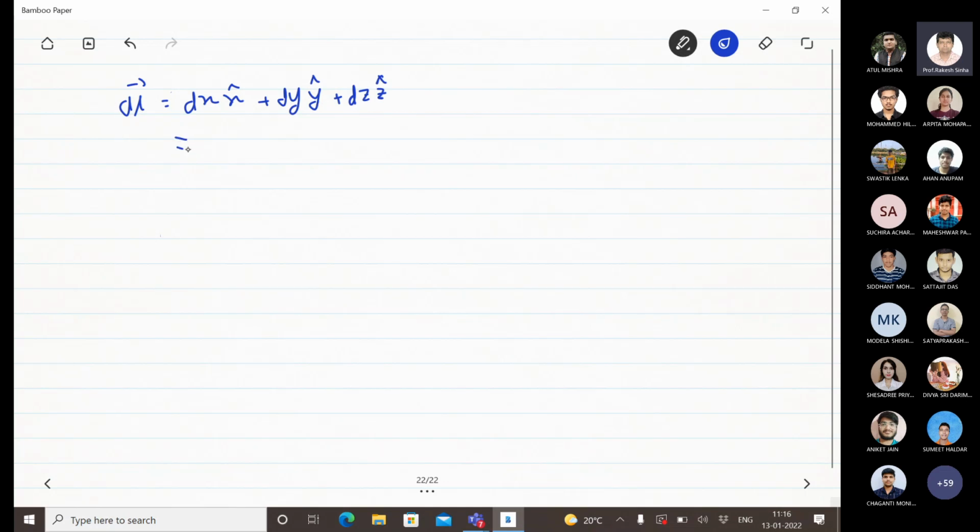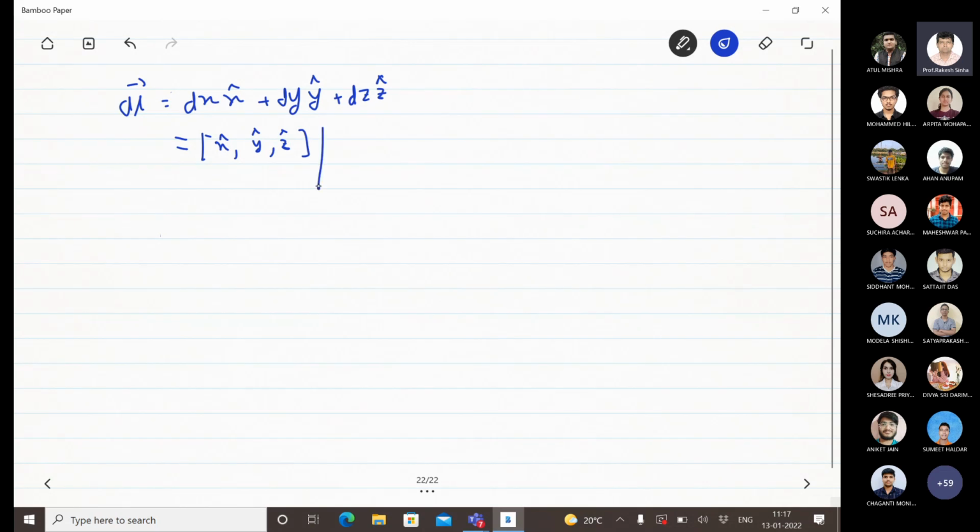Now you have seen that any summation can always be represented as a vector dot product. So let's write this as a vector dot product. You have x, which is a vector, comma y, which is a vector, comma z, which is also a vector. Please note that they are not scalars.